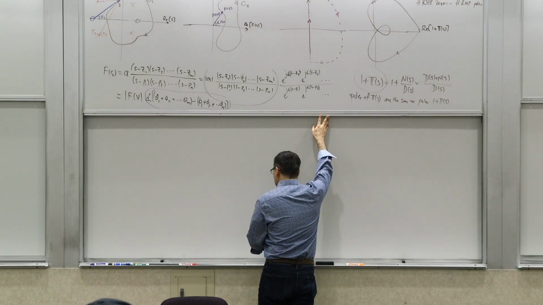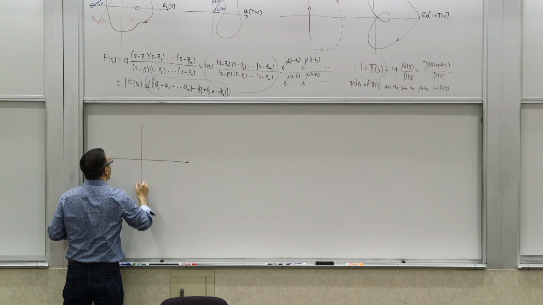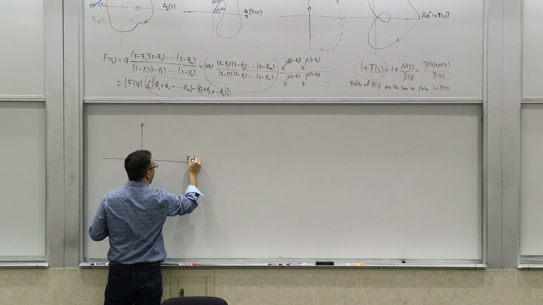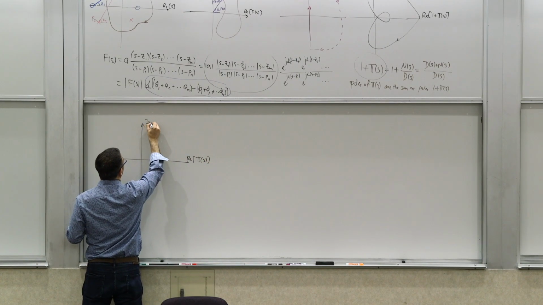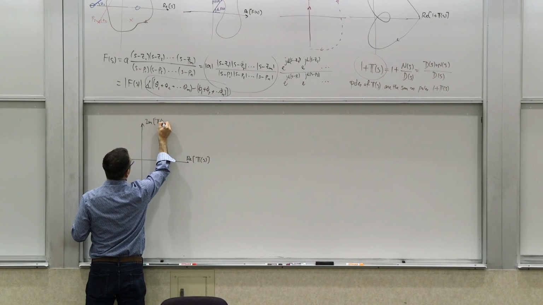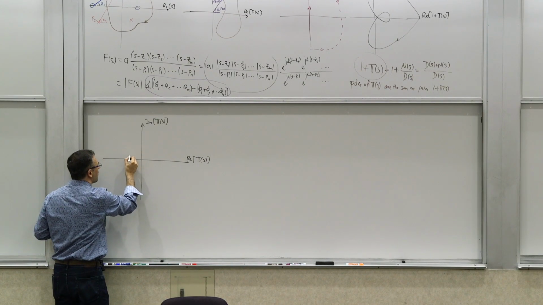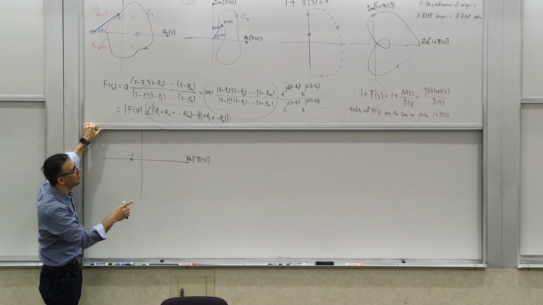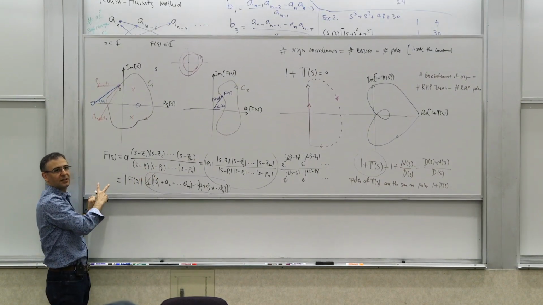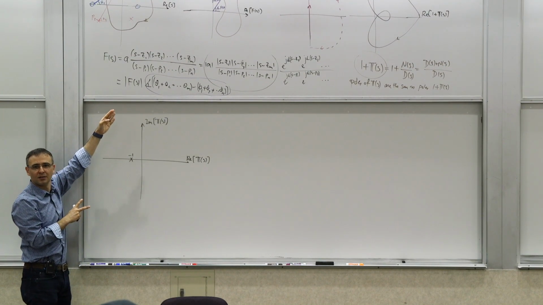Nyquist criterion is this. It says, look at the real and imaginary value of T of s, not 1 plus T of s, and look at the number of encirclements of the point -1. So everything is the same as before, as this picture, except for the fact that everything is shifted by 1 in the x direction. Right?